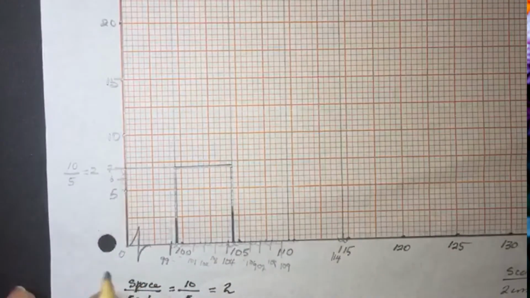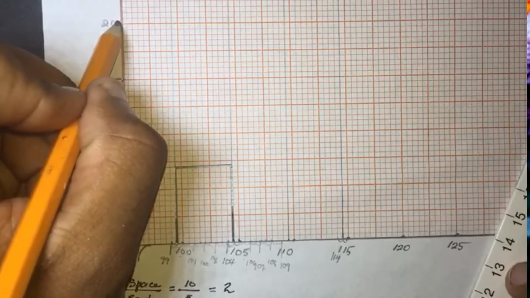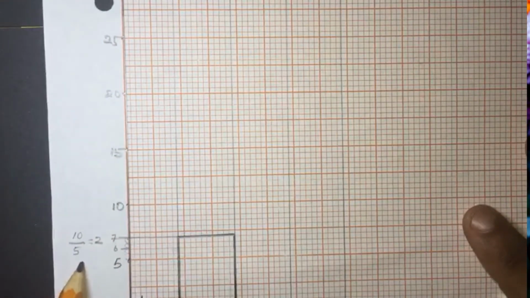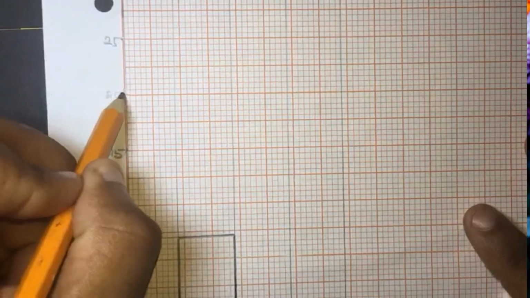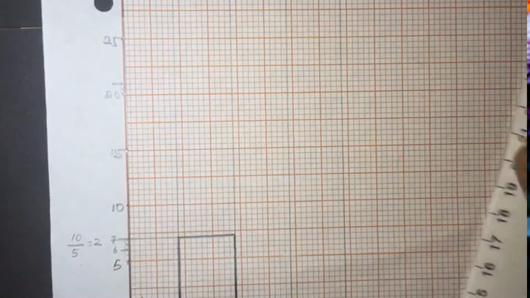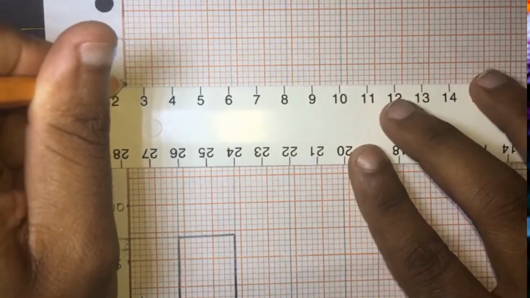So I need to find 21 on my y-axis. So 20, and remember, every 2 is 1 on our y-axis because of scale, space divided by scale. So 20, 1, 2, 21 is right here. So I'm going to draw a horizontal line going right across now.